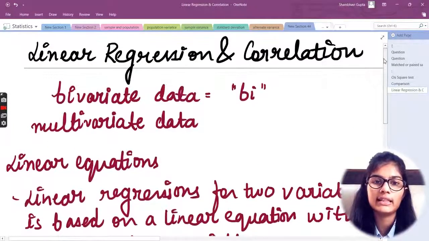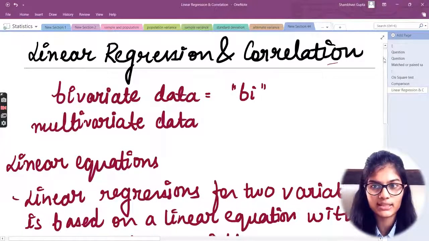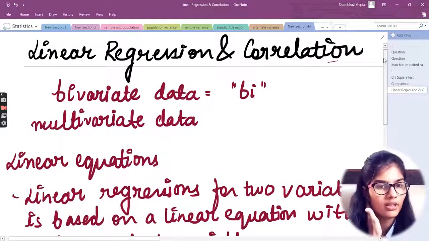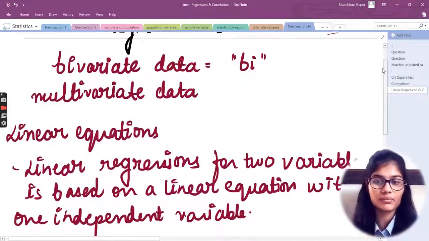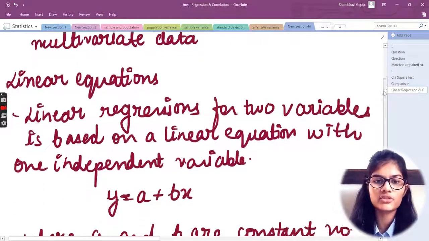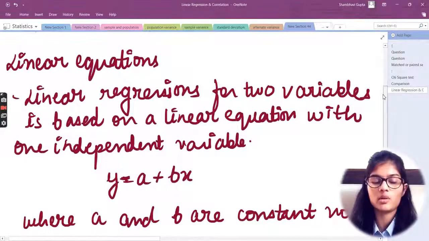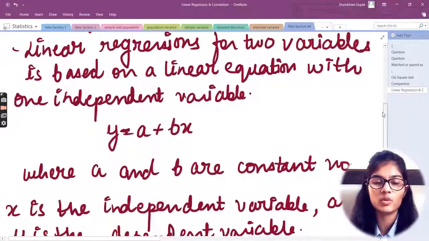So when we talk about the linear regression or correlation, two terms come. The first one is the bivariate data, that is bi, and the second one is the multivariate data, that's basically for multiple variables. Now when we talk about linear equations, the linear regression for two variables is based upon a linear equation, which shall have one independent variable, right?